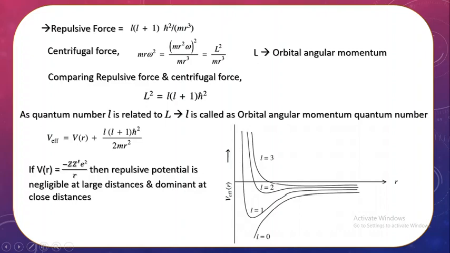So as L increases, the effective potential depth is going to decrease and its minimum position is going to shift away from the origin. So this is the origin. Here for L equals 1, the depth or minima is nearer to the origin when compared to the curve at L equals 2.